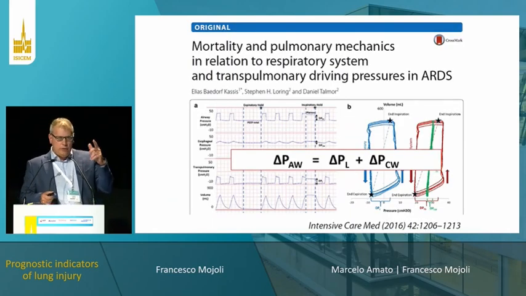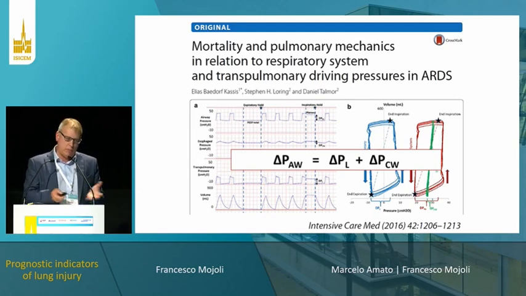But if we are mostly interested in lung injury, probably we have to focus on lung driving pressure. That is one of the two components of the respiratory system driving pressure or airway driving pressure.